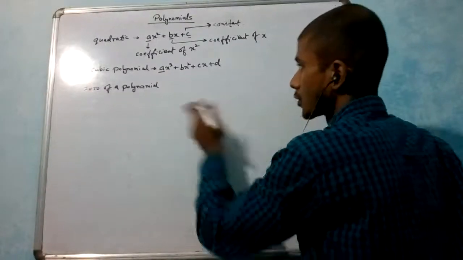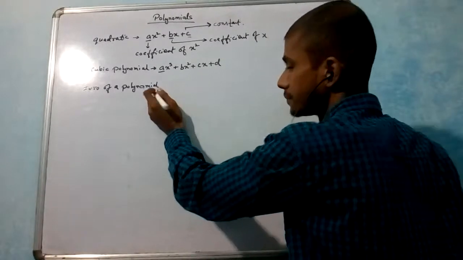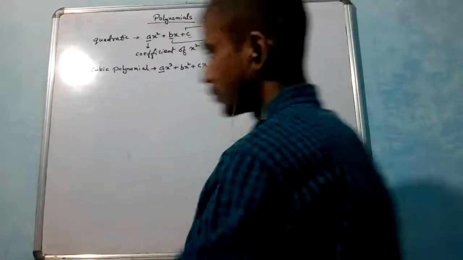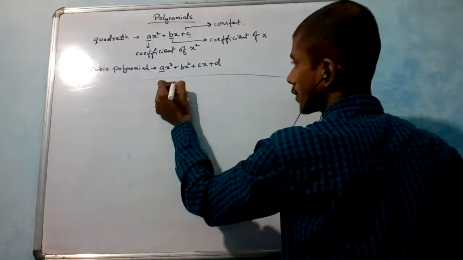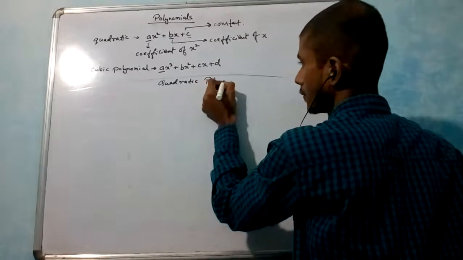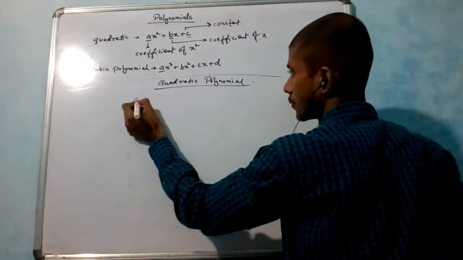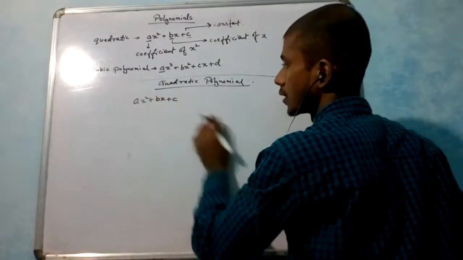Okay. So suppose we have a quadratic polynomial. Now we will discuss quadratic. Quadratic polynomial we have. The standard form is ax square plus bx plus c. Okay.